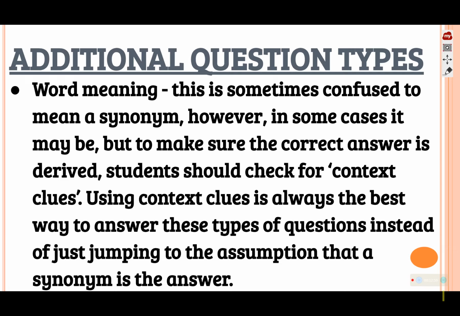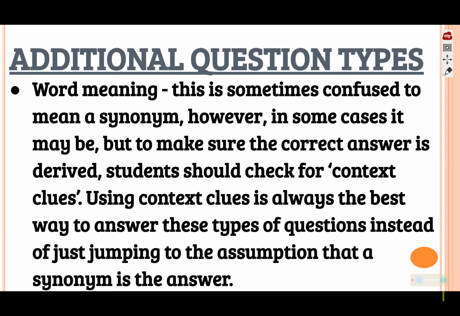However, in some cases, it may be. But to make sure the correct answer is derived, students should check for context clues. Using context clues is always the best way to answer these type of questions instead of just jumping to the assumption that a synonym is the answer. So how do we do context clues?